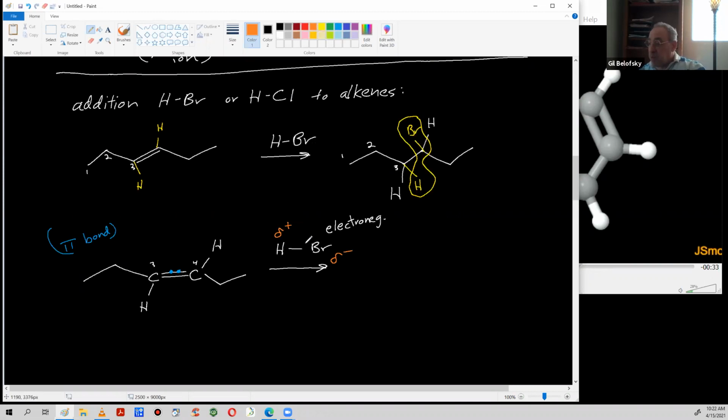The electronegative bromine pulls electron density toward it and away from the less electronegative hydrogen. That's basically what electronegativity is, right? And remember, there's a pair of electrons here being shared in a covalent bond. One of my pet peeves is that they don't really emphasize covalent bonding enough in general chemistry.